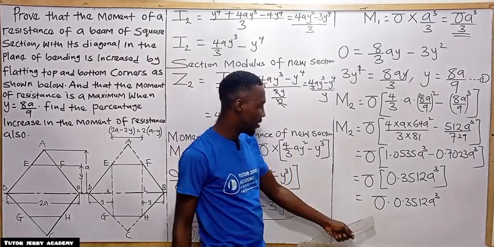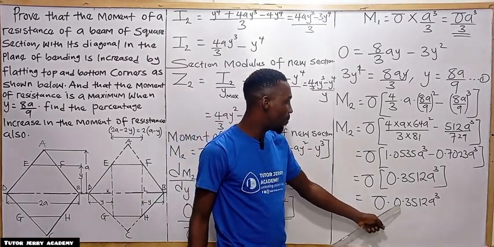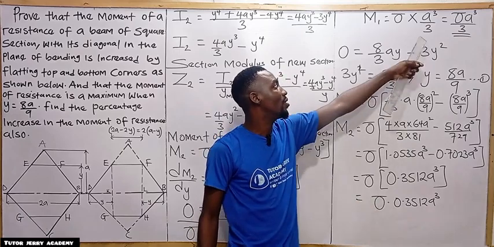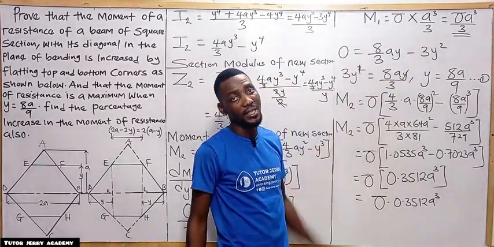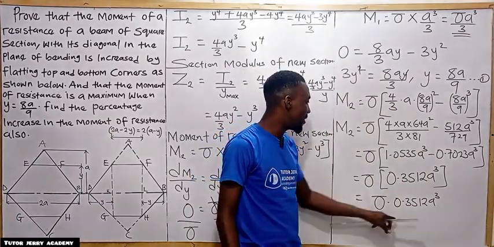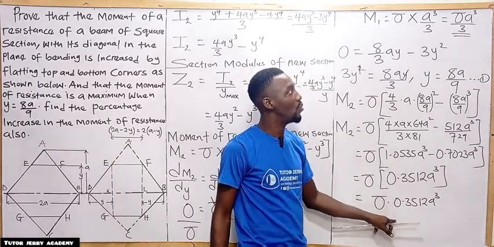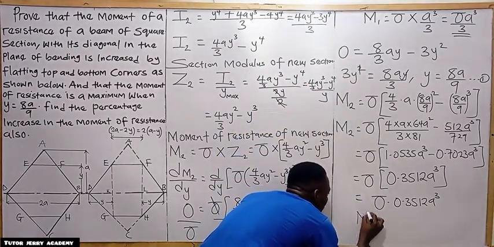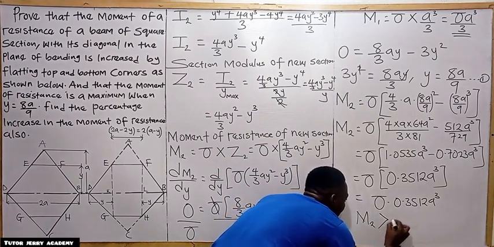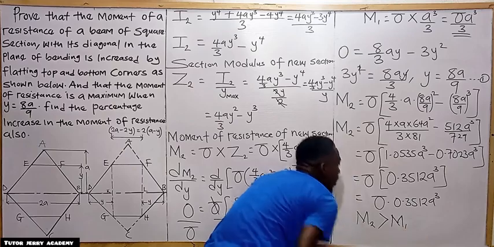So you can see this is 0.35 and this is 0.33. 0.35 is greater than 0.33. Is that clear? So it is clear that our M2 is greater than M1.